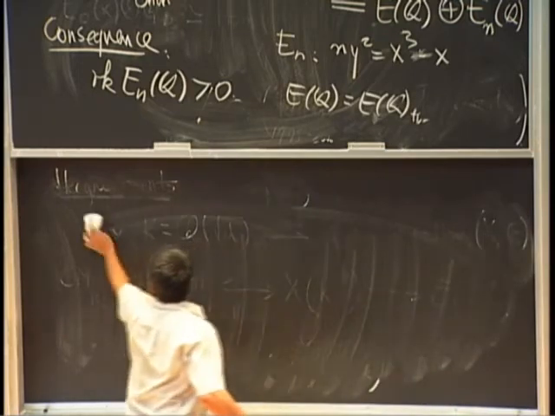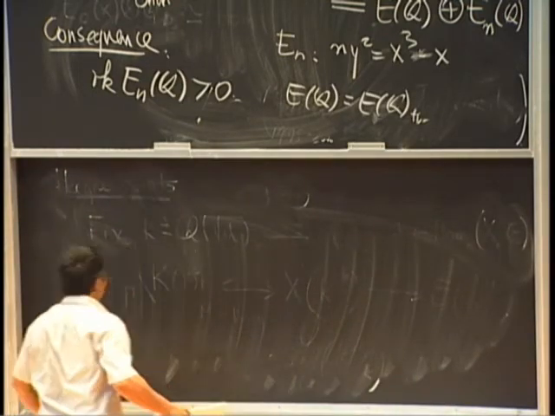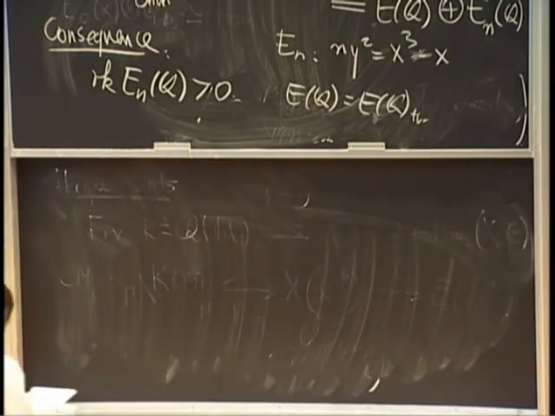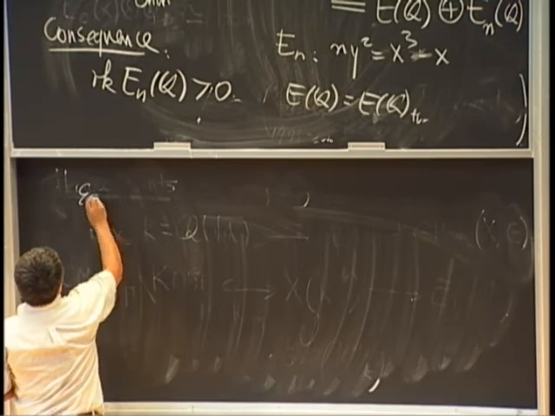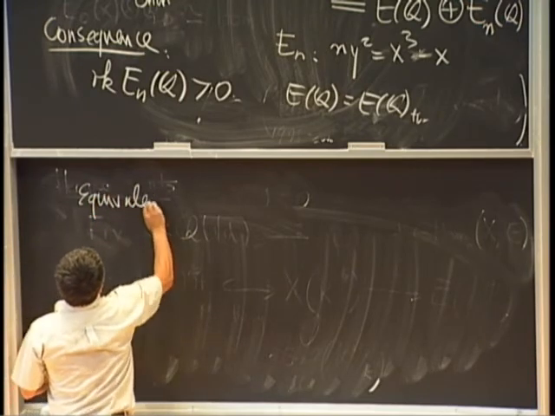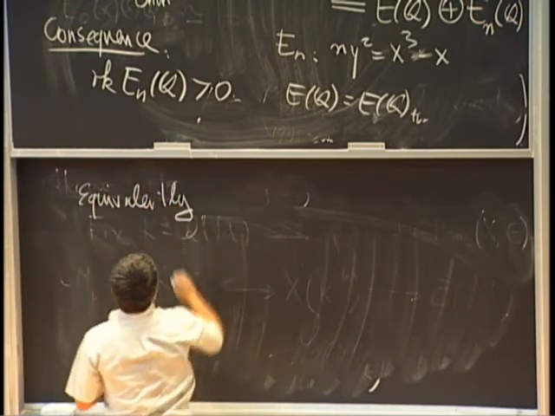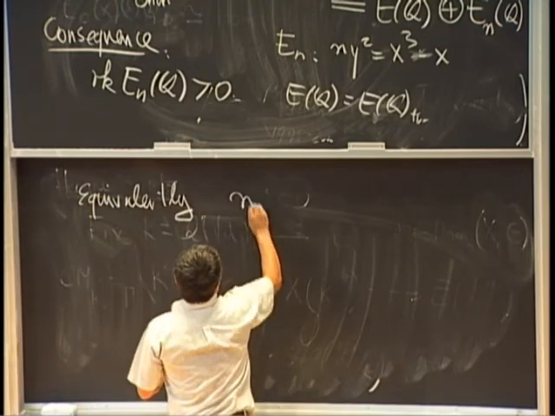And this elliptic curve is not an arbitrary one. It's a very simple one, but it has a very long history. It is the one studied since much earlier in the congruent number problem. Equivalently, this n is a congruent number.